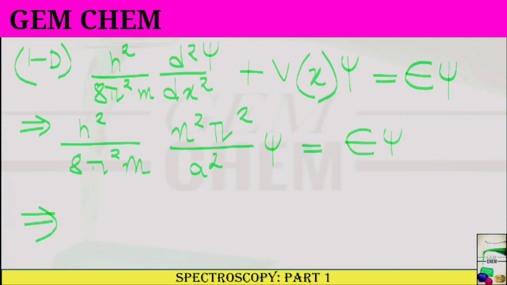So finally the energy comes to be h square n square by 8 m a square. So for rotational and vibrational spectroscopy, there will be only a change in the G operator. Nothing different will occur in other cases. And we are going to get different waves for that.